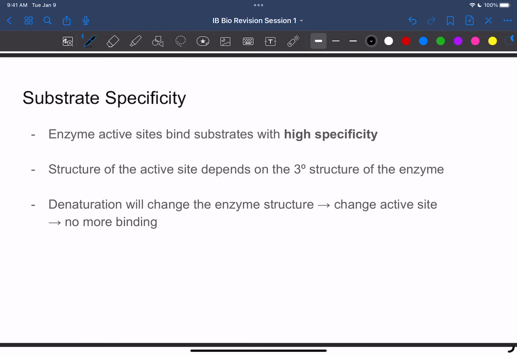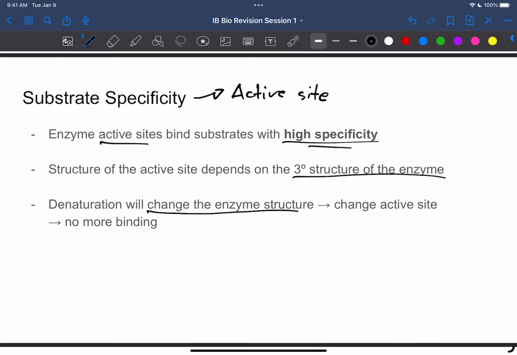Okay, next is substrate specificity. So we mentioned the active site and how the active site is very specific to its substrate. The active sites bind substrates with high specificity, and the actual structure of the active site depends on the tertiary structure of the enzyme. And that makes sense because that depends on the different R groups in the amino acid chain and the different secondary structures. Denaturation will change the enzyme structure and change the active site, which means no more binding. So let's just draw this here.